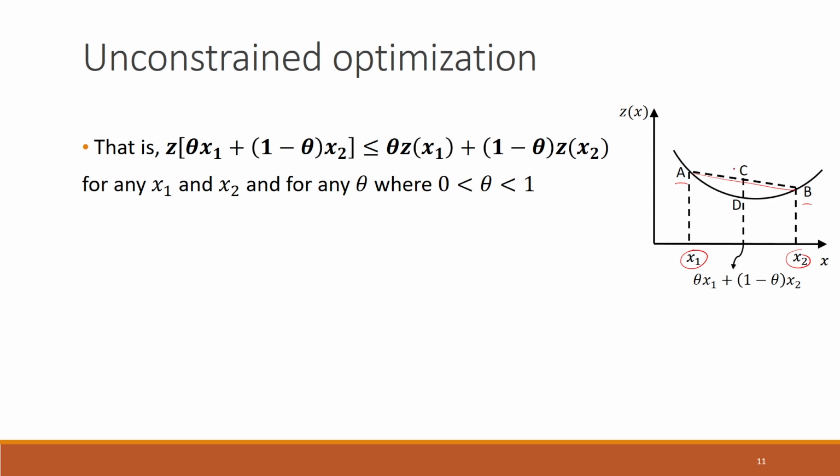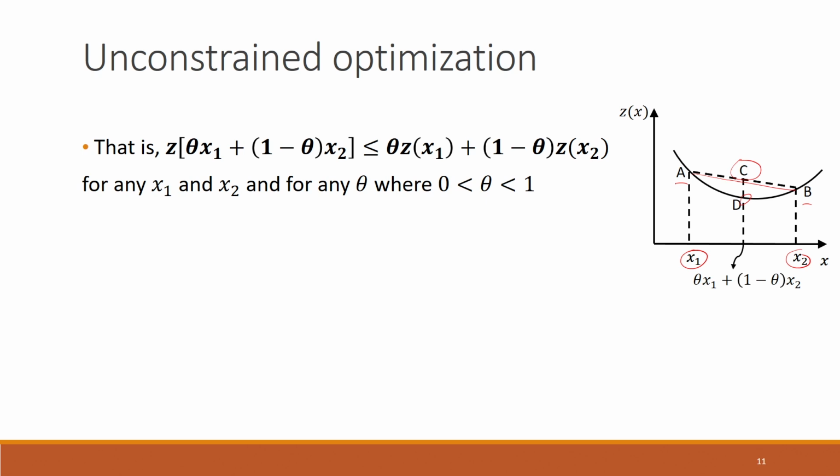So suppose you look at any point on this line segment, suppose you pick this point C here. Now you will see that this point C will never lie below the corresponding point on this function, which is this point D here. So this C you can see is not lying below the point D here.